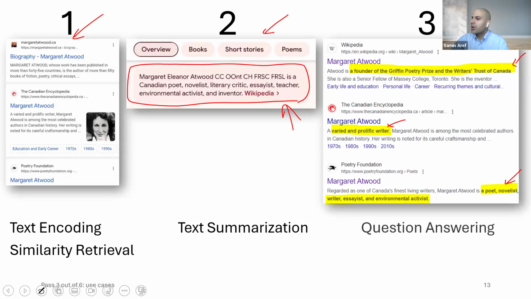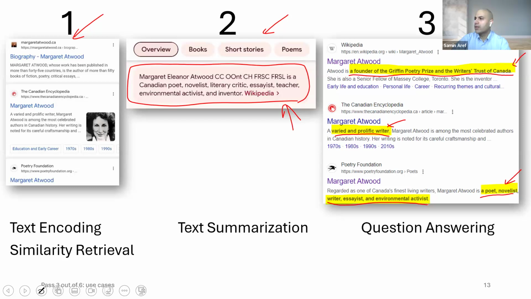And in item 3, BERT is helping with question answering. So it is essentially finding some part of the returned text that could be viable answers to my question. So my question was, who is Margaret Atwood? A potential answer is a founder of the Griffin Poetry Prize.